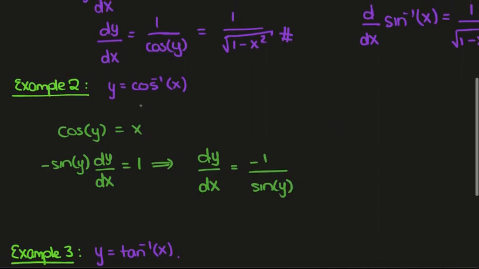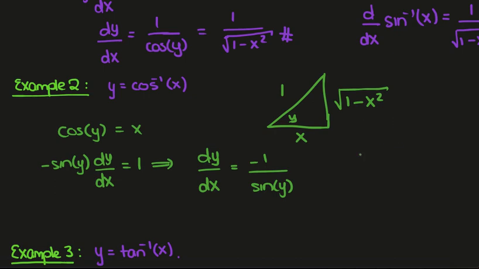But now if cos y is x, well, x is adjacent over hypotenuse. So here we have to determine this, and one can show that this is just the square root of 1 minus x squared by Pythagoras. So we see that we end up with minus 1 over the square root of 1 minus x squared. And that is the derivative of arccos.